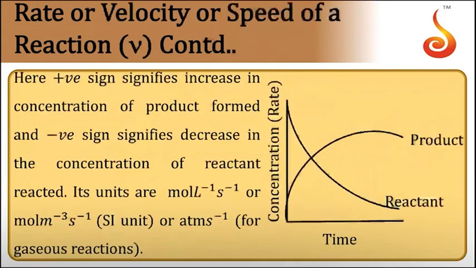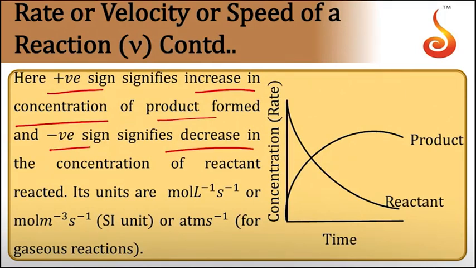Then come the graphs representing the rate of reaction. As we already saw, the plus sign signifies an increase in the concentration of the product formed, and the minus sign signifies the decrease in the concentration of reactants used. Coming to units, since it is a change in concentration per unit time, the units are concentration by time: moles per liter per second, or in SI units, moles per meter cube per second.